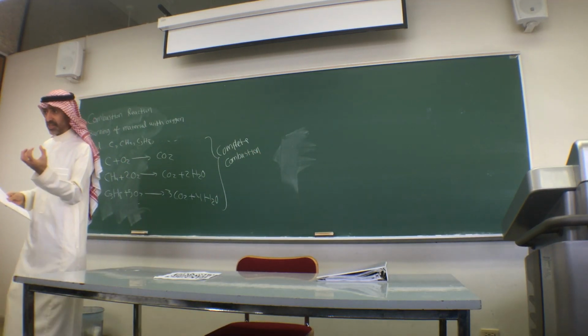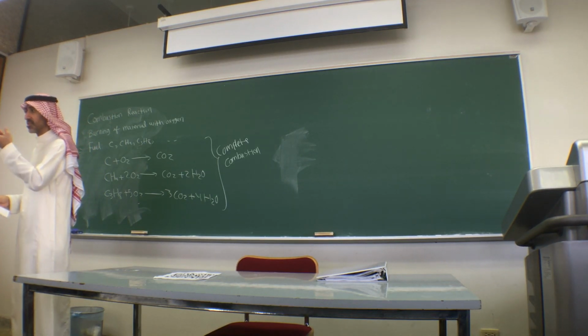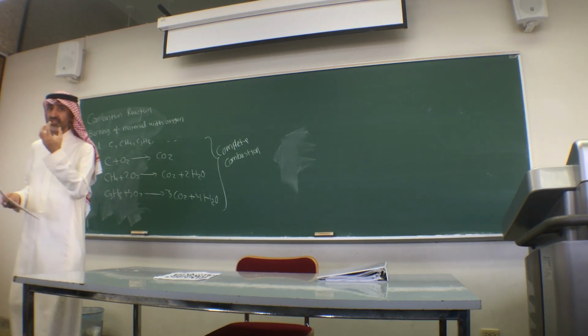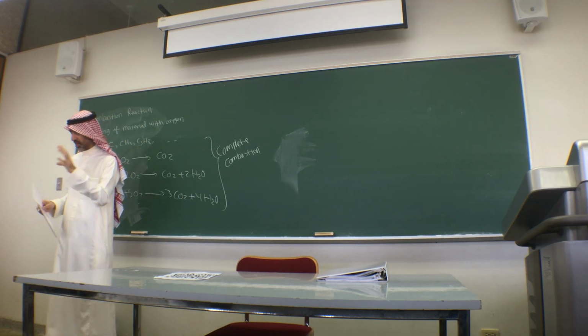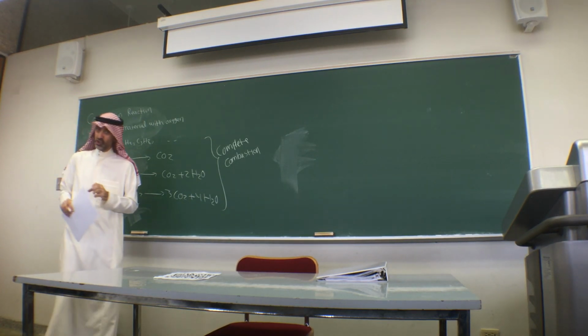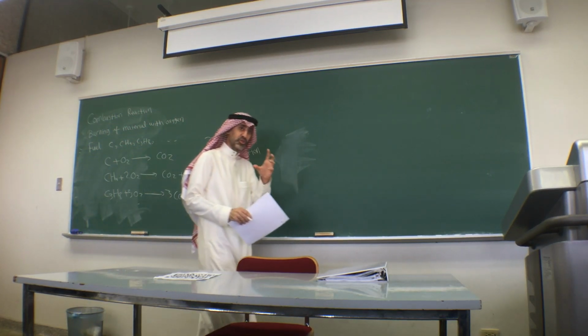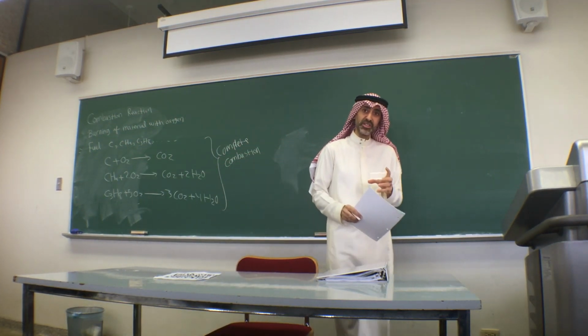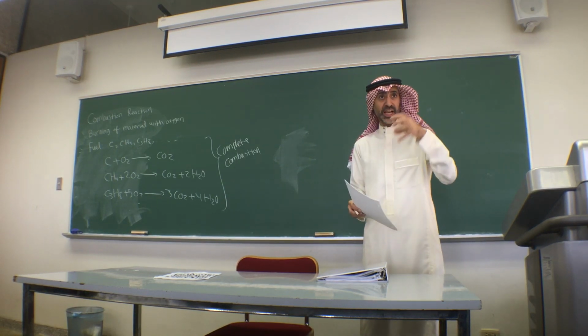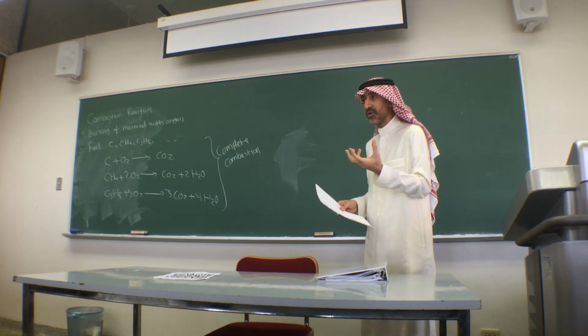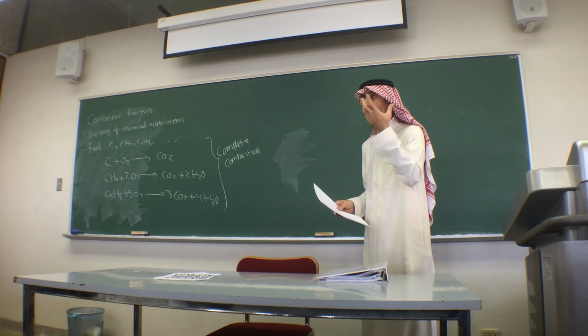Look at car engines. Sometimes, if the car engine is not efficient, you will produce what? CO. We say incomplete combustion. When you are putting in gasoline, which is mainly hydrocarbon, you need complete combustion.